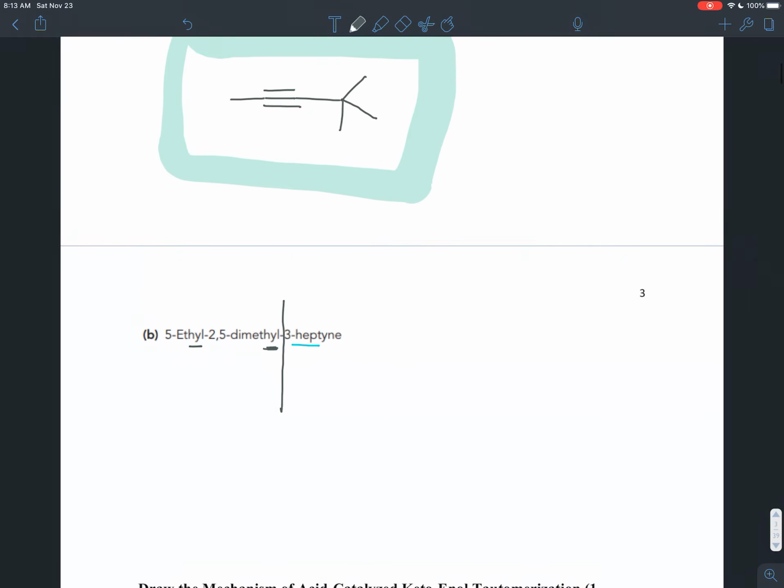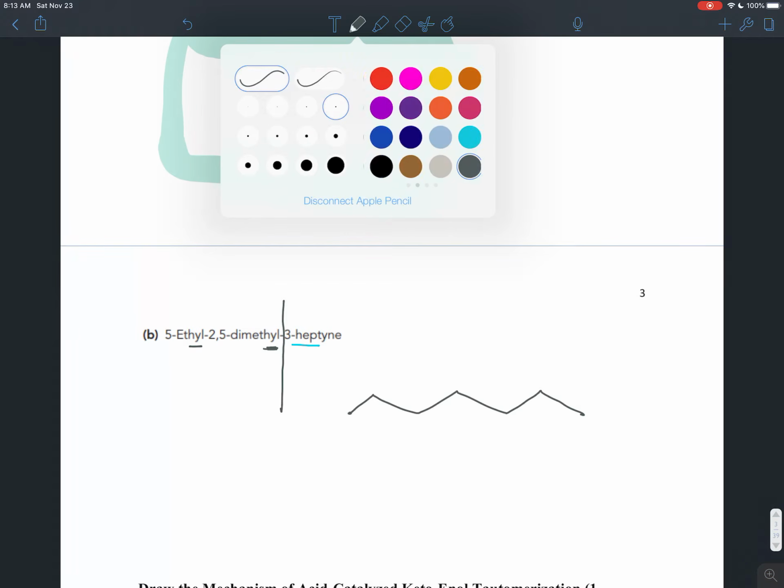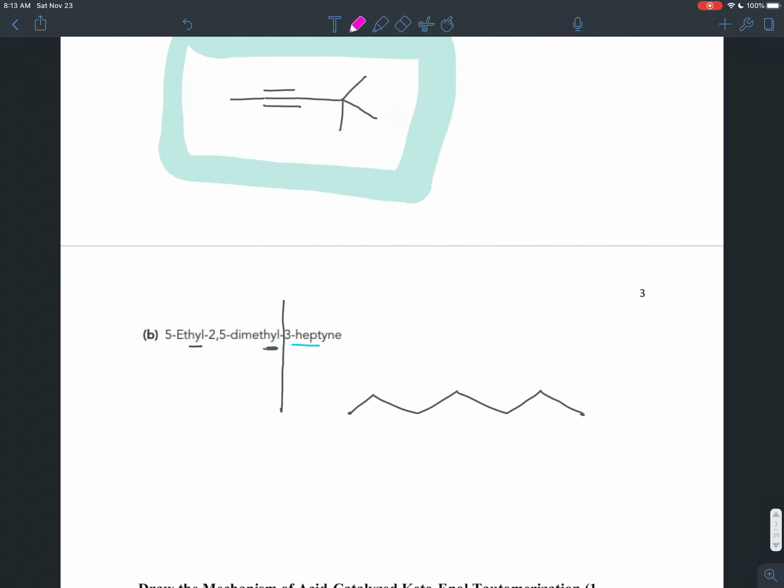I'm going to draw this first. I'm used to thinking in zigzags, or you may be used to thinking in zigzags. So let's draw it with zigzags and we'll just correct it to make the molecule linear when we're done. So 3-heptyne, 1, 2, 3, 4, 5, 6, 7. Now we want to number that. So 1, 2, 3, 4, 5, 6, 7.